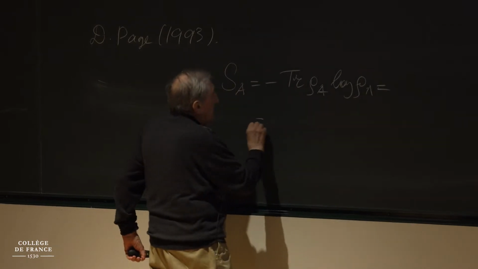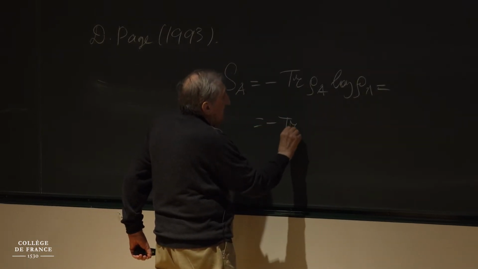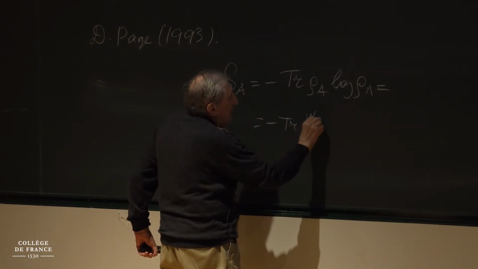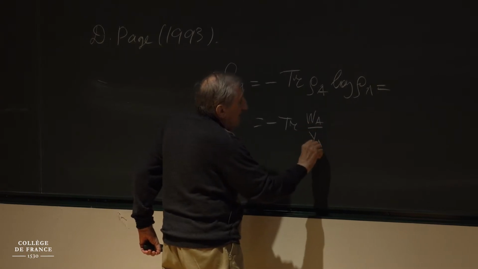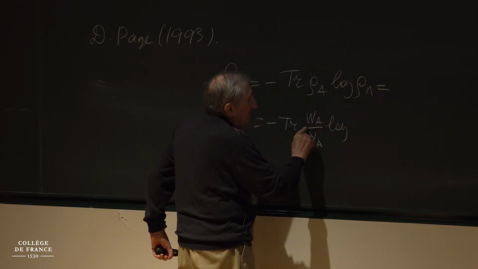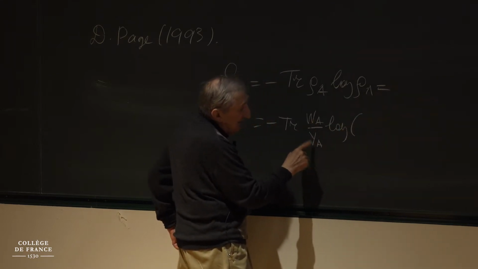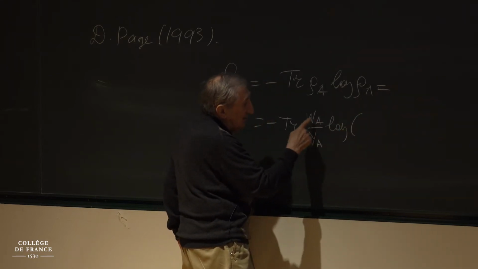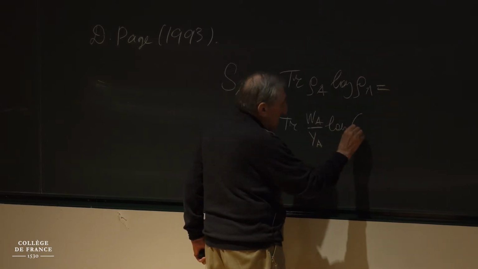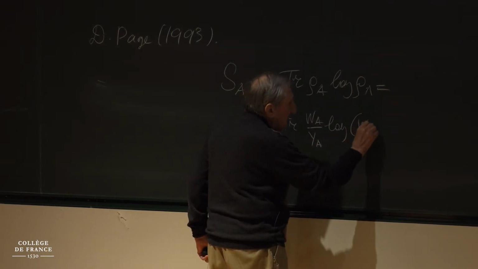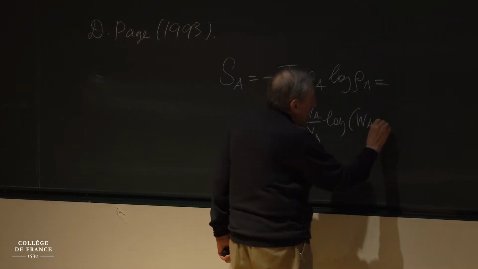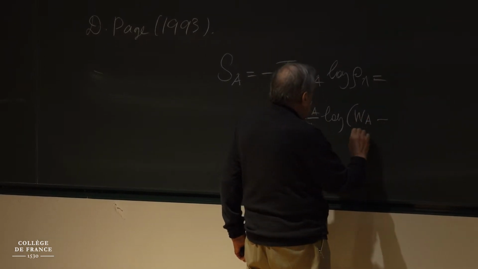If you plug it in here, what will we have? You will have W_A over Y_A. Now log, I write log like that. This is a matrix, this is a number, but nevertheless you can also write log like for scalars. So here minus, excuse me.